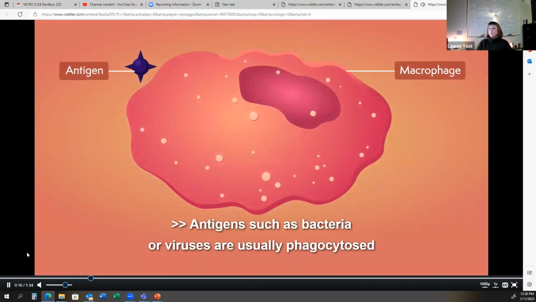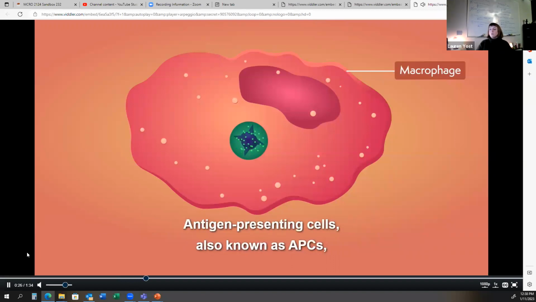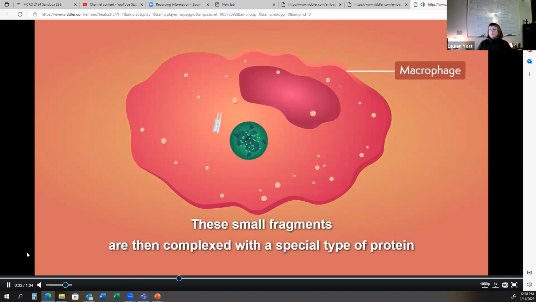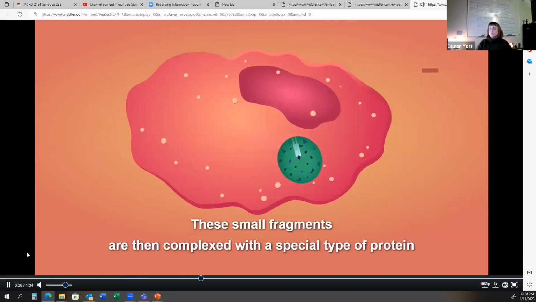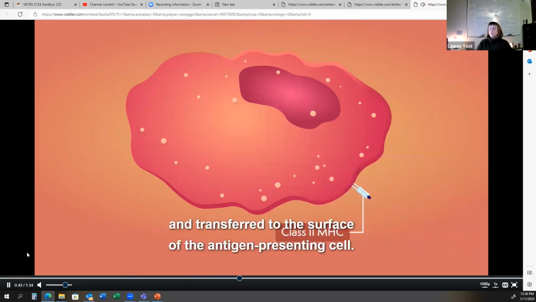Antigens, such as bacteria or viruses, are usually phagocytosed and degraded into small fragments by professional antigen-presenting cells. Antigen-presenting cells, also known as APCs, include macrophages or dendritic cells. These small fragments are then complexed with a special type of protein called a class II major histocompatibility complex protein, or MHC, and transferred to the surface of the antigen-presenting cell.